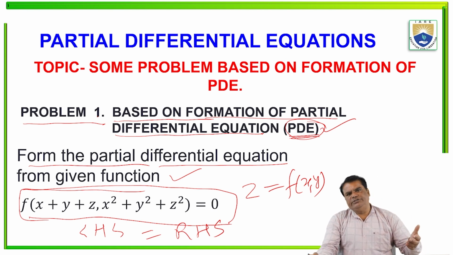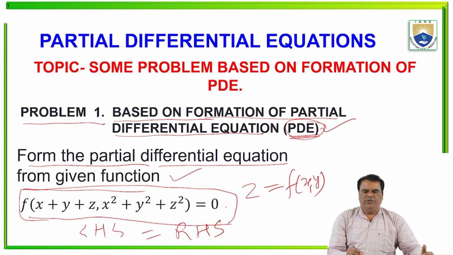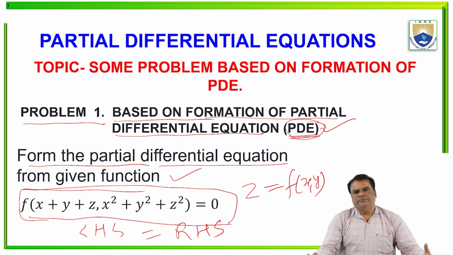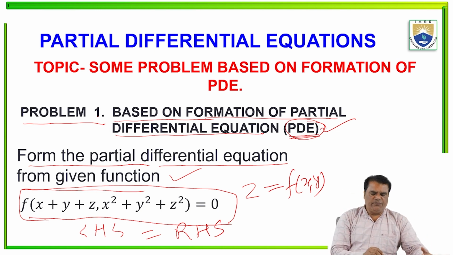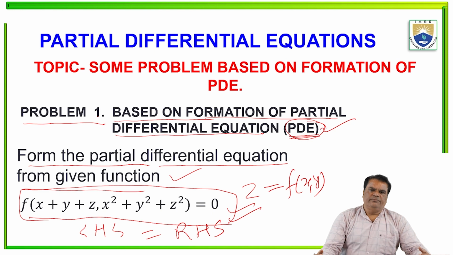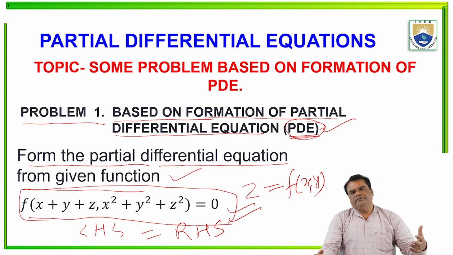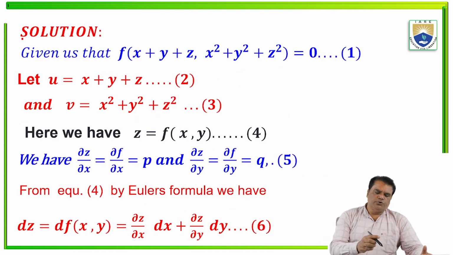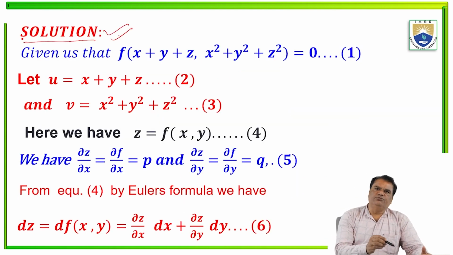So how can we change this function into a partial differential equation? After eliminating this function f, we get a partial differential equation. So here we start the solution of this question.